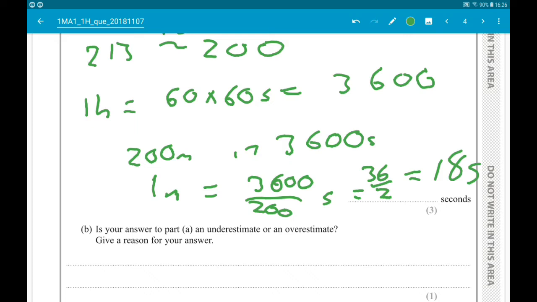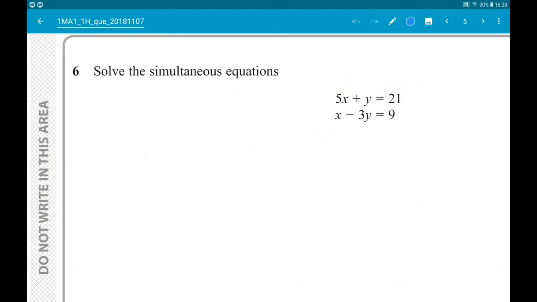Okay, for number 6, we have simultaneous equations. I have a whole playlist on these down below. So we want to solve 5x + y = 21 and x - 3y = 9.